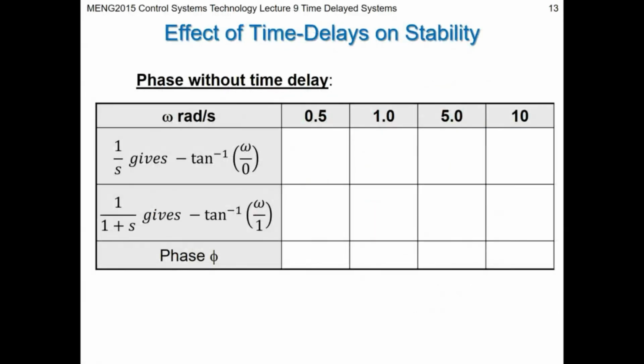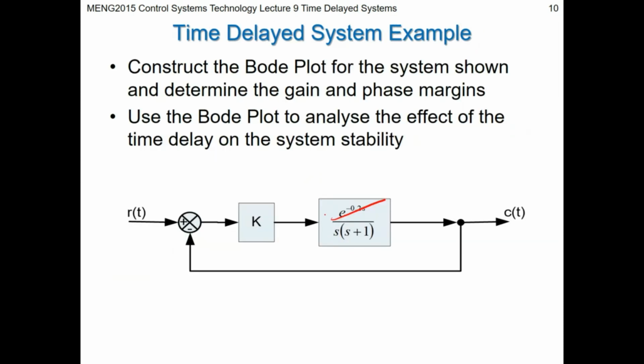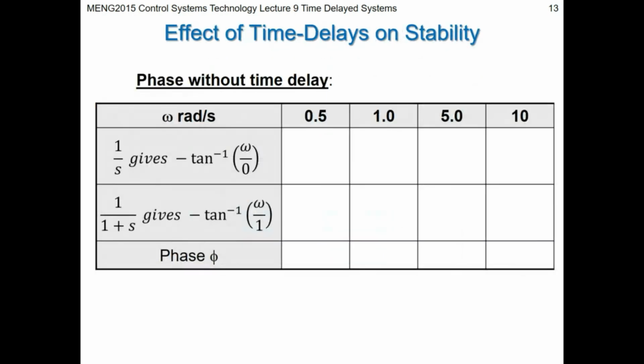So if we plot this system that we're looking at here, if we just ignore the pure time lag, it's 1 over s times 1 over s plus 1. Substitute s equals j omega, and then we can calculate our phase angle for each of these two elements.